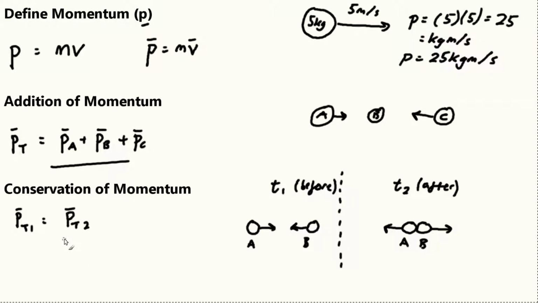This means that the total momentum before and after the reaction is exactly the same, meaning that we can then write that Pa1 plus Pb1 is equal to Pa2 plus Pb2. And we could also sub the masses in and then get our velocities too.